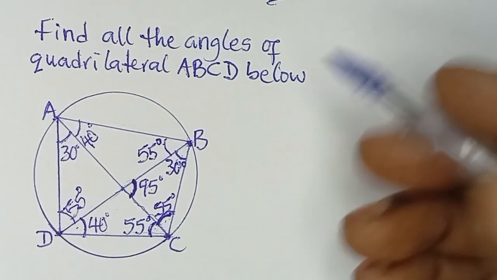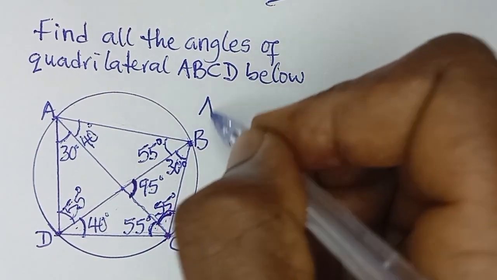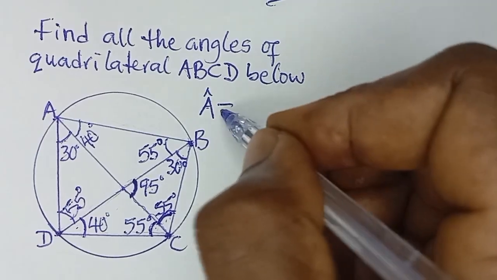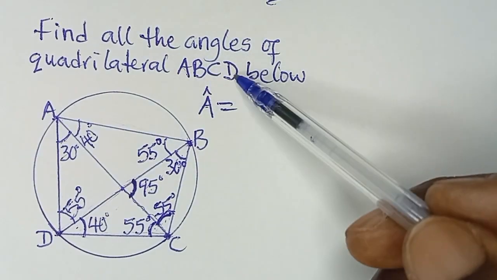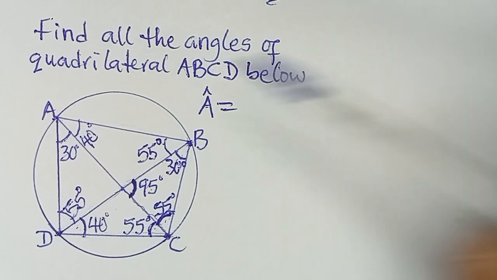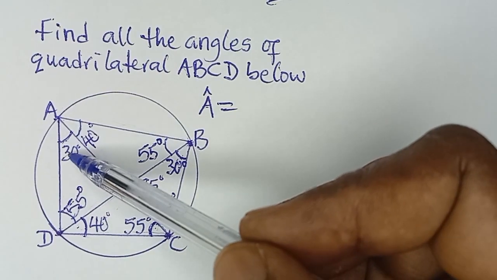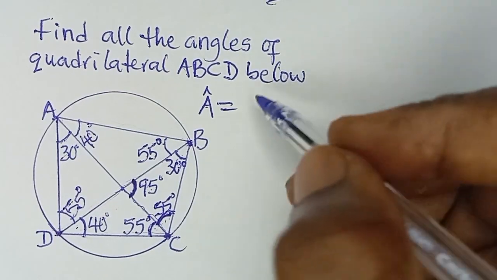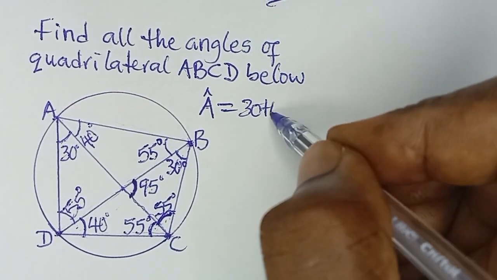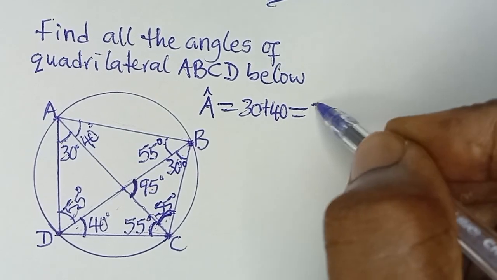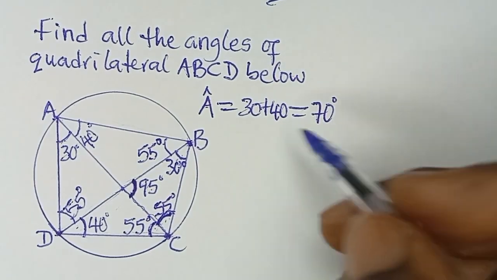So from there, we can now conclude that angle A in the quadrilateral, don't forget we have to find all the angles of the quadrilateral ABCD. So angle A will be 30 plus 40. That will give us angle A as 70 degrees.